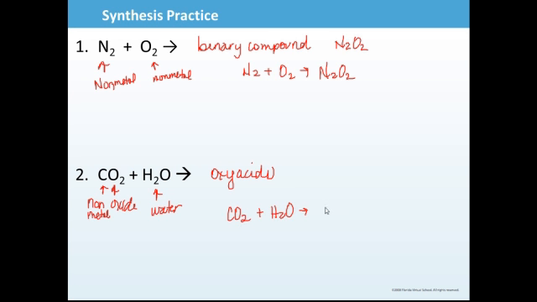And remember our oxyacids, the hydrogen goes first. The oxygen is going to go last, so then our non-metal will be next, C. And then you just add up how many total oxygens you have. I had 2 over here, I have 1 here, therefore I have 3 in my product. And then of course you want to balance, but these two just kind of balance themselves out.